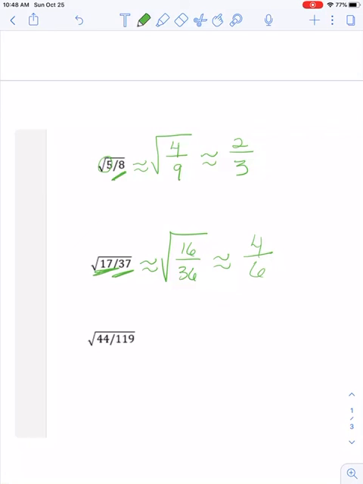One last example. So we're estimating, put the estimation symbol, square root. The closest perfect square to 44 is 49. And the closest perfect square to 119 is 121. We put our estimation lines again. The square root of 49 is 7. And the square root of 121 is 11.